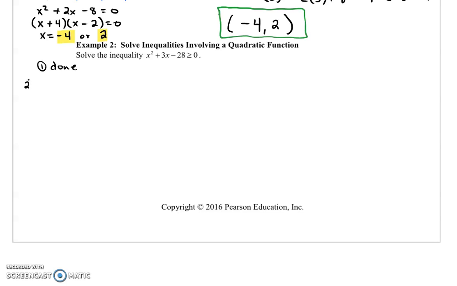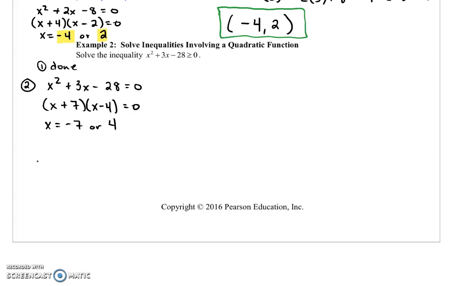So step number 2, set it equal to 0 and solve. If we factor this, we get x plus 7 times x minus 4. So x equals negative 7 or positive 4. Oops, sorry, that was step 3. I skipped step 2. Step 2 is that a is positive 1, which means it opens up.